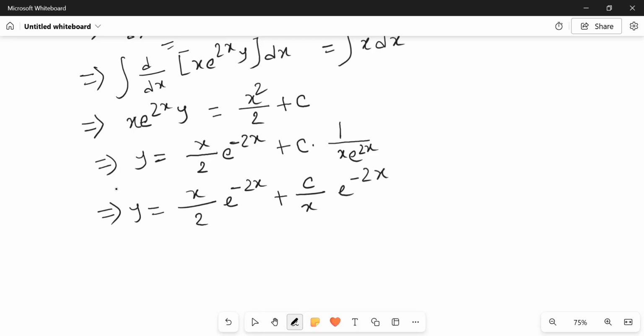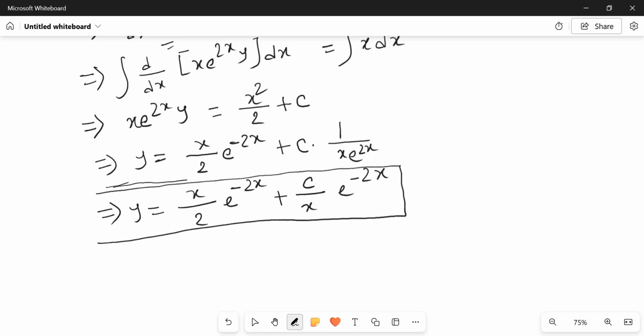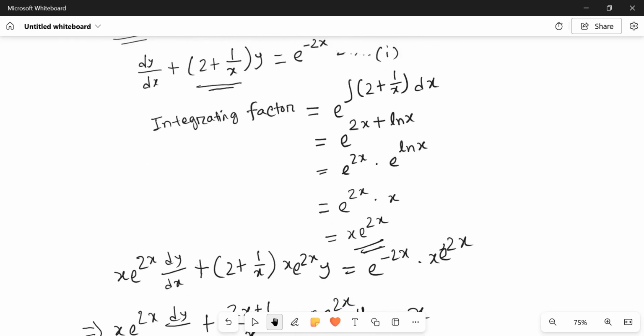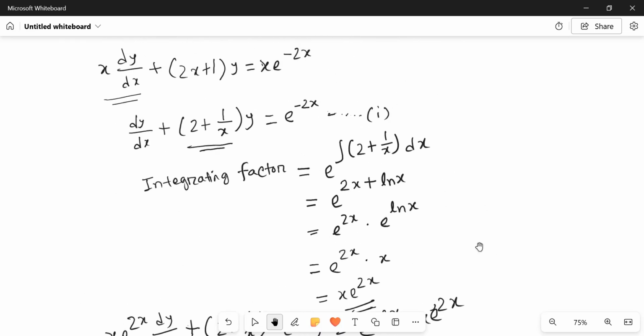So this is our solution basically. This is the solution for the first order linear differential equation, which was this.